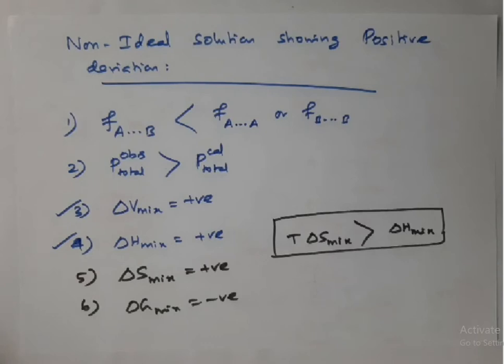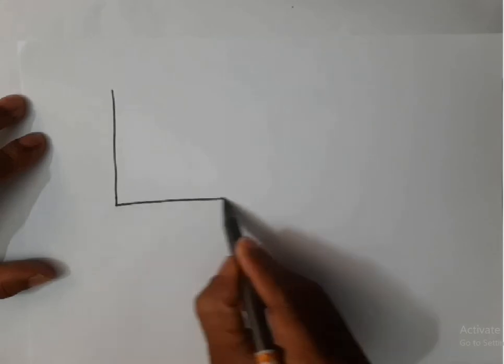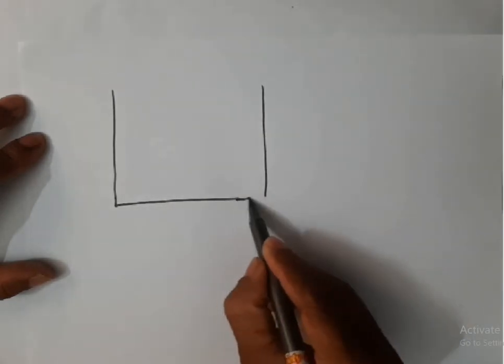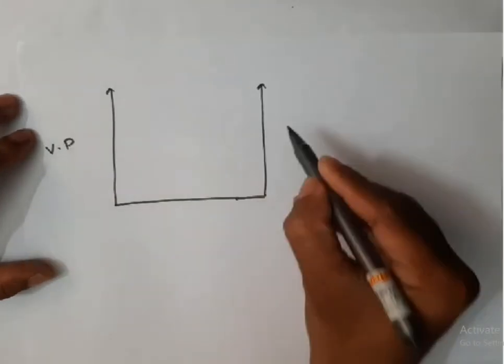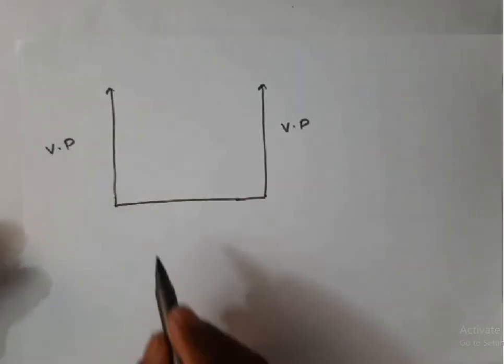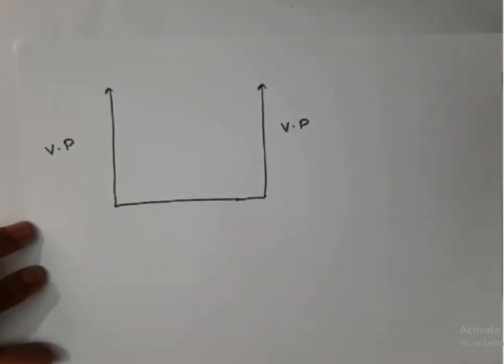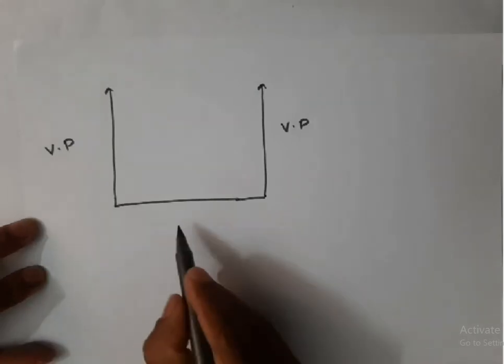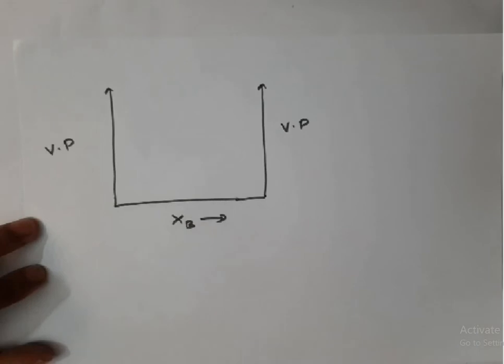Then I'll give another important point here. If I plot vapor pressure in the y-axis, and percentage composition in the x-axis, okay, see what I'm trying to do is I'm going to plot mole fraction of B in the x-axis.